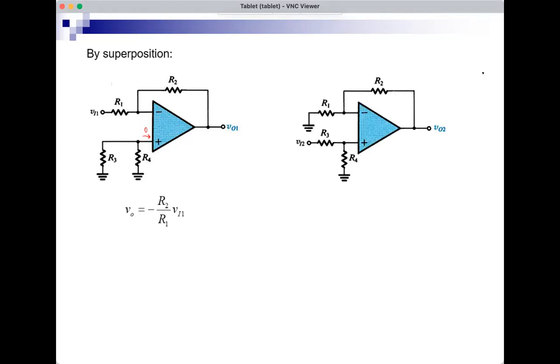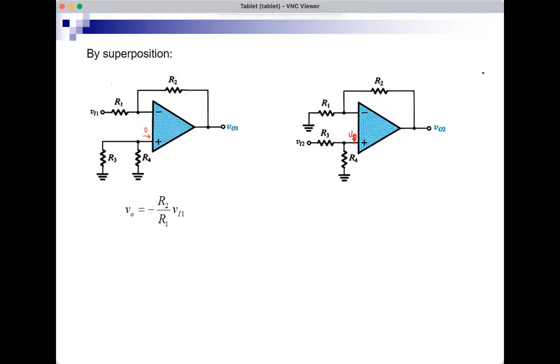What about the other input? When I set VI1 to 0 and I have VI2, this looks like a non-inverting, let's call this V plus, VP. This is like a non-inverting amplifier configuration, and VO2 would be VP times 1 plus R2 over R1.